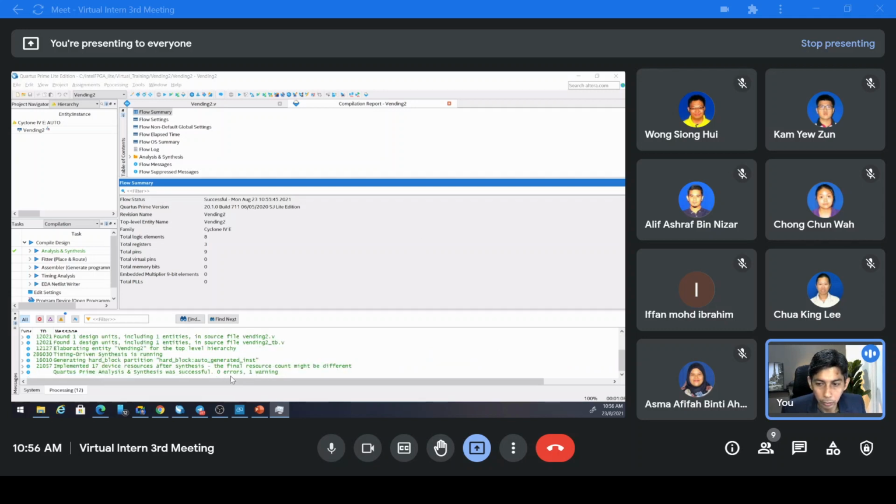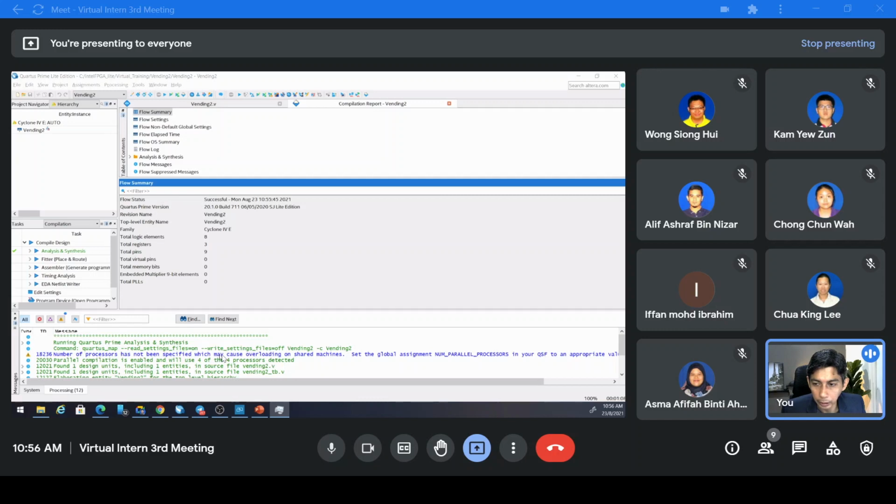All right, done. So no error and one warning, and this warning is okay. This is not regarding the design, but it is because of the license of the software, where we use the lite edition or the free version. Hold on, let me try to close some programs.